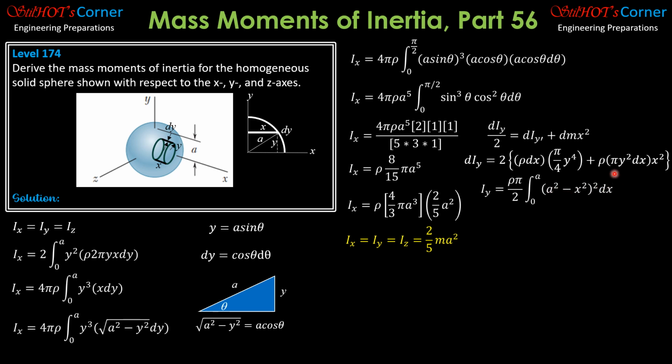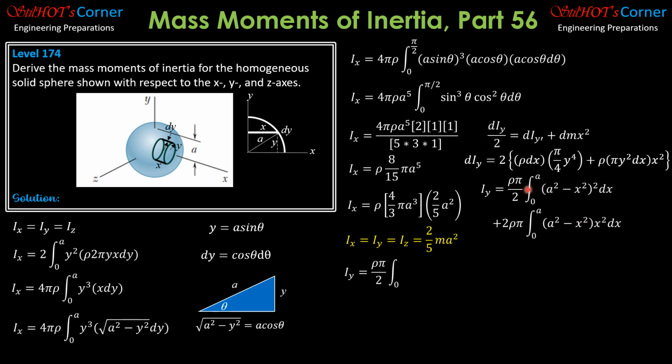Then plus 2 times density times pi, integral of a squared minus x squared times x squared dx from 0 to a. So before we integrate, let's expand this first.